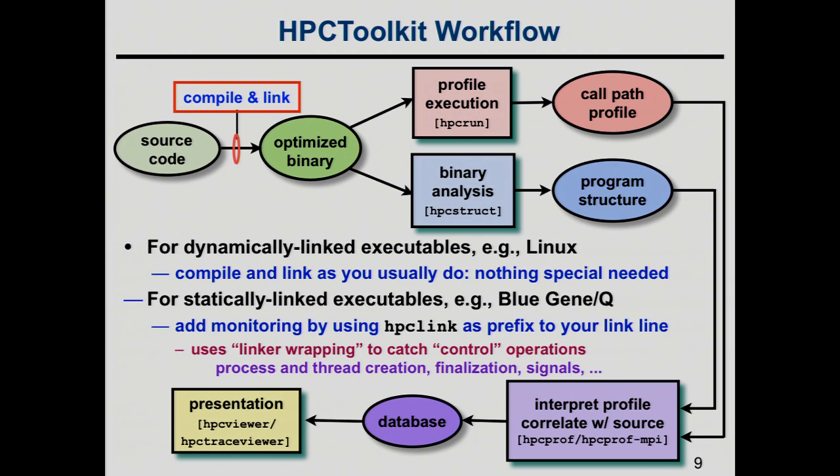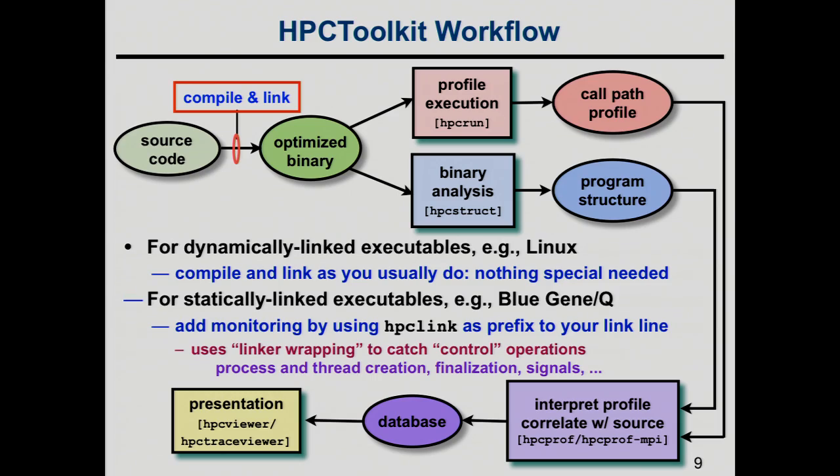Since you have a statically linked executable that has all of the code for your application in it, HPCLink just puts the code for our profiling tool into your application as well. It's very lightweight instrumentation that just catches process and thread creation and finalization and signals. More or less, it just maintains control over your application, and then all of the rest of our measurement is through periodic sampling.